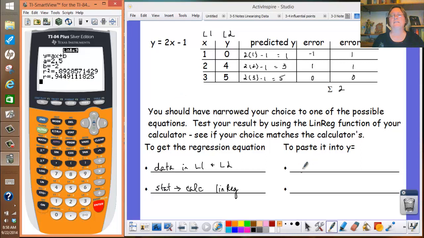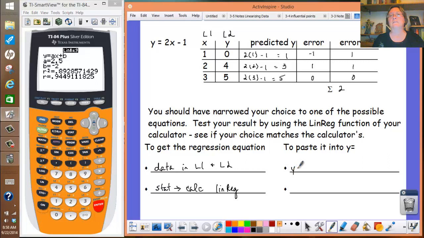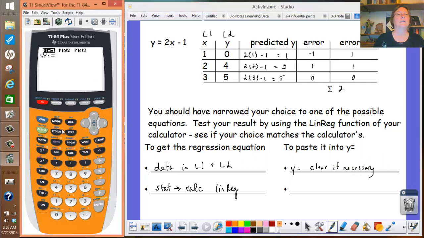To paste that into the y equals, if we wanted to look at the line with the scatter plot, which is a good idea, what you do is go to your y equals, clear if necessary, so I'm going to do that. Y equals, I don't have anything in there. With my cursor still here, I'm going to follow these keystrokes.